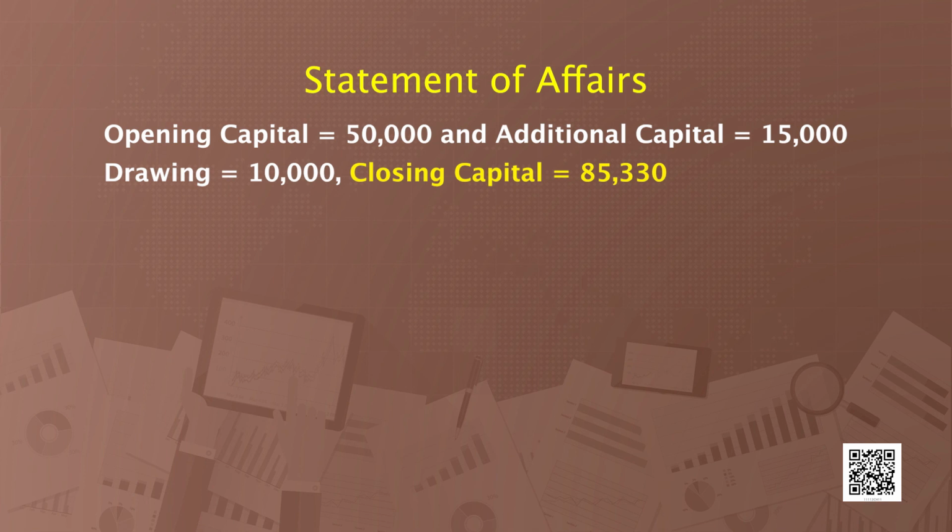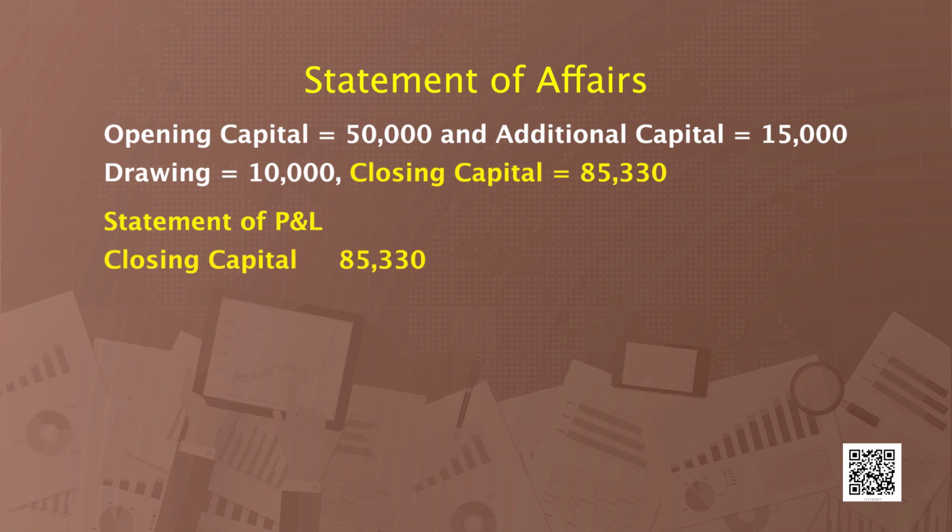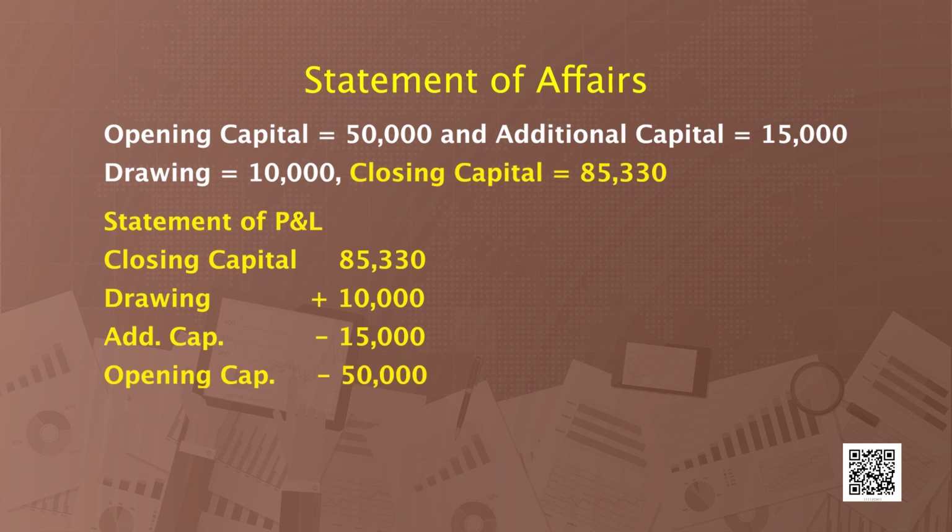Now, you have one more thing in your basket, that is closing capital 85,330. Now, we have sufficient things with us to calculate profit and loss. Clear? So, you can make a statement of profit and loss. Closing capital is 85,330. I would add drawings to it, which are 10,000. I would deduct additional capital, that is 15,000, and opening capital is also deducted, 50,000.